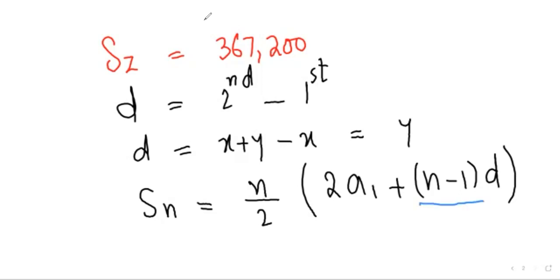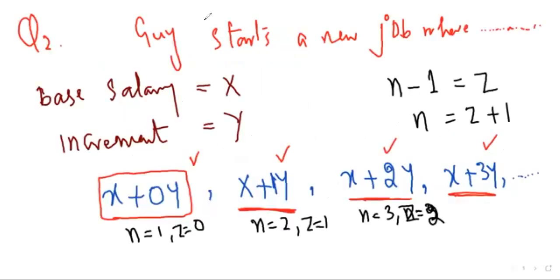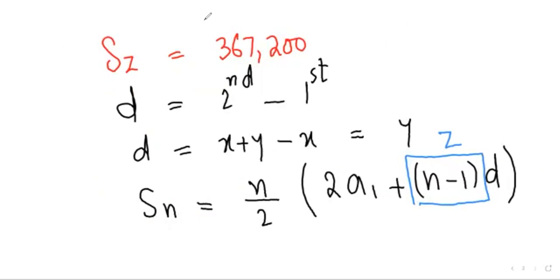N minus 1 is z here. N minus 1 is z. N is z plus 1. Similarly, this n is z plus 1.